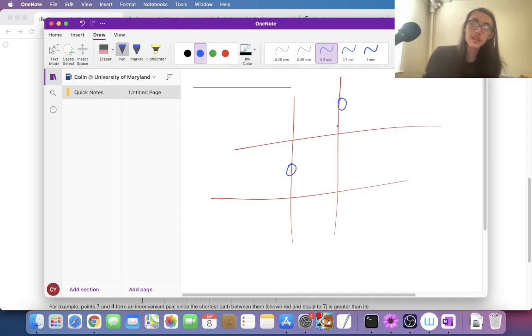If you're up here, then I can go up to some street that's below you, go horizontally to you, and make that work. So really the only time a pair could be inconvenient is when both of them are strictly between the same pair of streets.